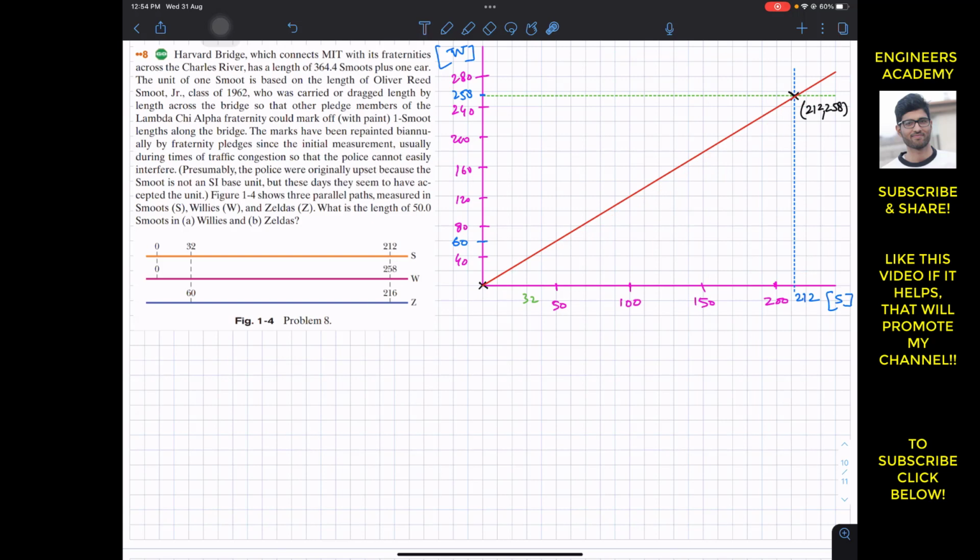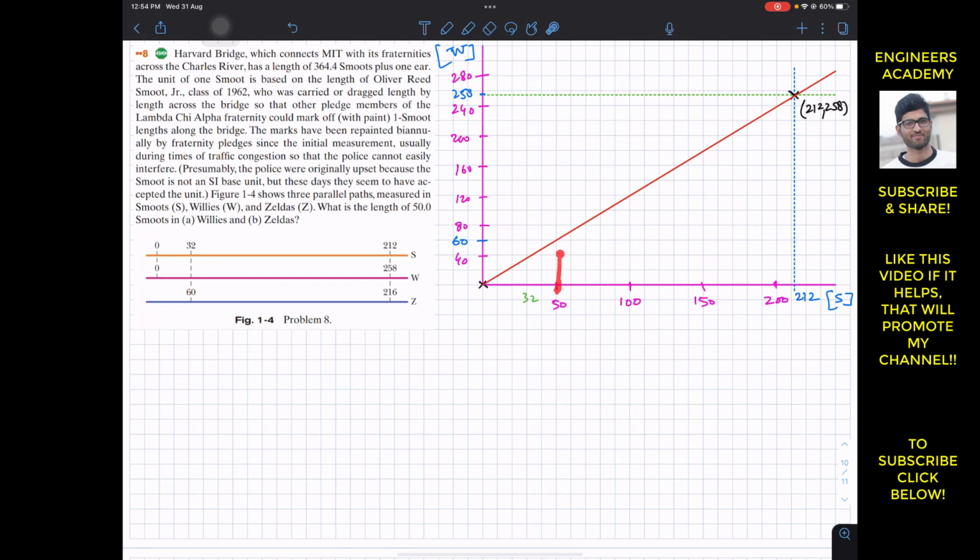In the problem statement it asks for the length of 50 Smoots in Willies and Zeldas. So this is 50 Smoots. If I draw a vertical line from 50, it will intersect this Willies line at some point here, and we need to find this value. From the graph we can see that 50 Smoots will be around 60 point something.